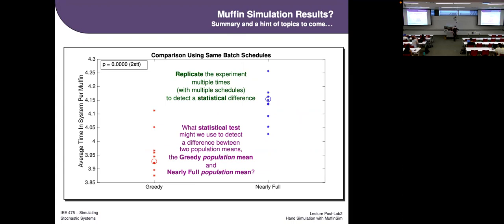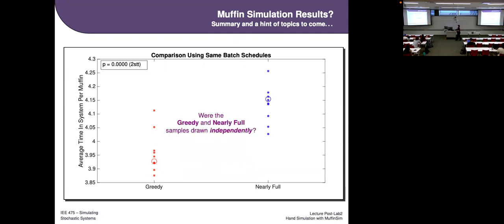But I can't use a 2-sample t-test because a 2-sample t-test assumes that these 10 points were totally independent of these 10 points. That's a requirement for a 2-sample t-test: the data points you take from one population were unrelated to the data points you took from the other population.